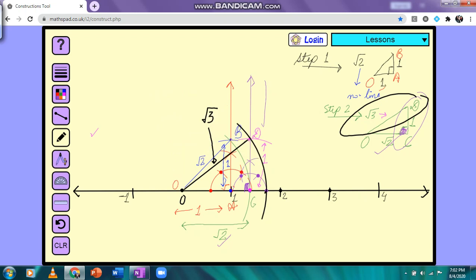And this is a coincidence that it is intersecting a point already on the number line. Let's mark this point as E. So from point O up to point E, we have the distance as root 3.